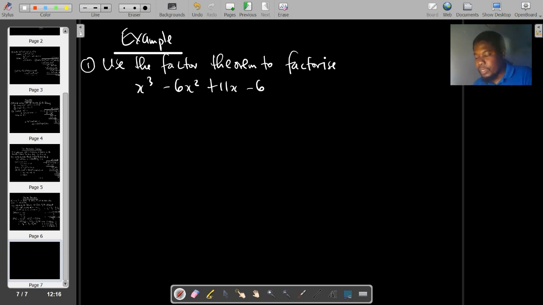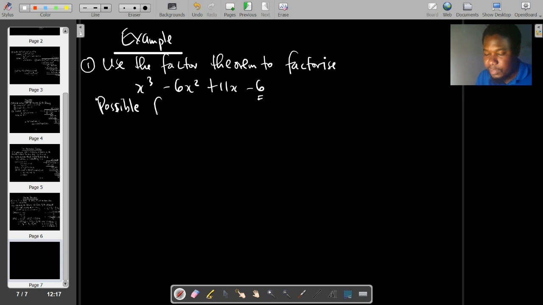Now remember, we have to find factors on our own, the ones we feel can fit into this. We can choose numbers that should be the value of x. So the best way is to consider the constant.